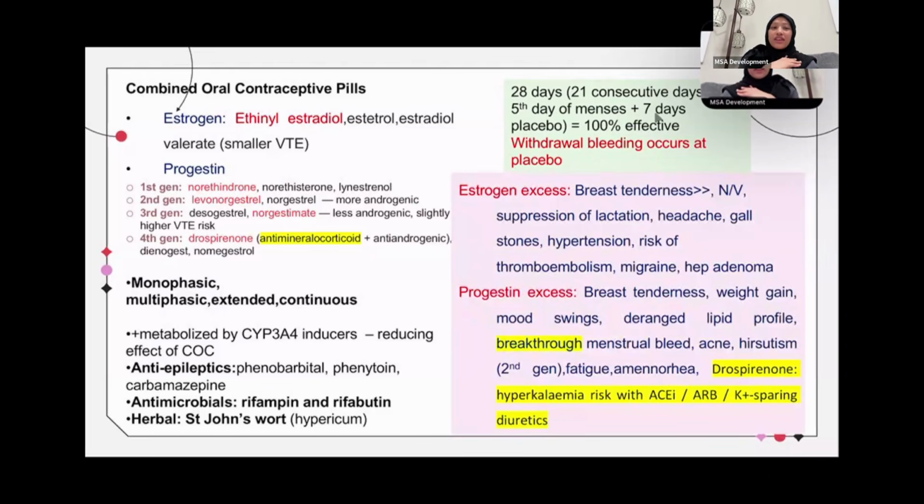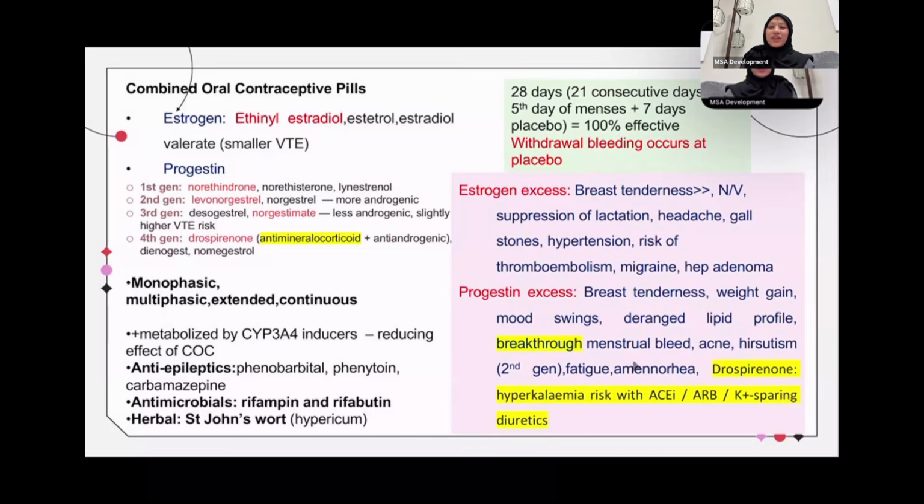Now, what are the effects of having excess estrogen, excess progesterone? We said already the side effects, and the contraindications are mainly the same. Having too much estrogen can cause breast tenderness, even more so than progestin. Think of someone being pregnant, they will have high levels of estrogen and progesterone.